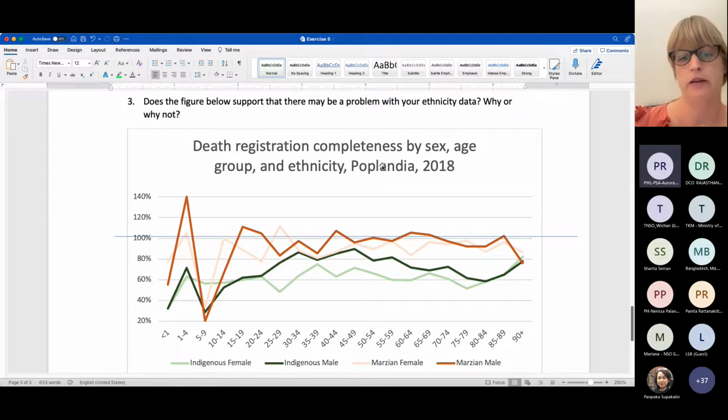Whatever it is, it requires some investigation before we can draw too strong of conclusions, and to also understand perhaps the extent of miscoding or missing records. So this is just to say, yes, it strengthens our claim that something is probably wrong with the ethnicity data.